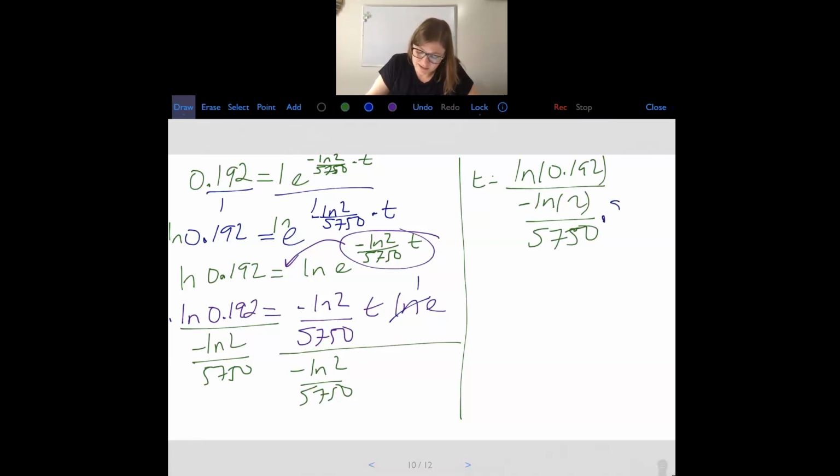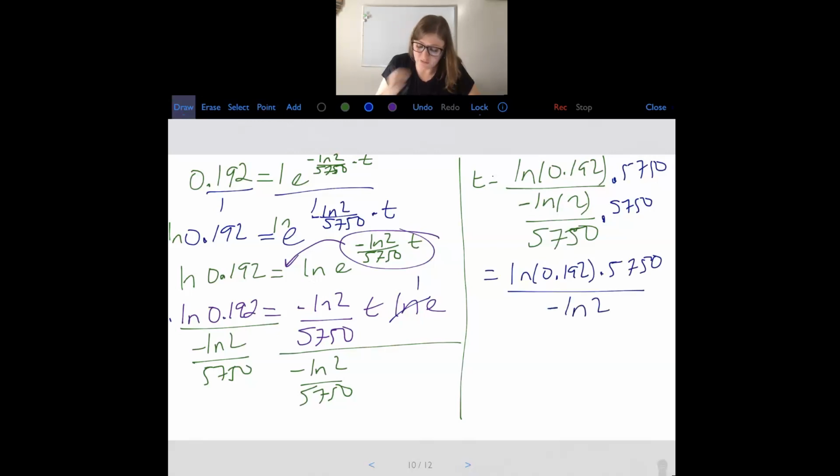We can take 5,750 to the top and bottom to get ln of 0.192 times 5,750 divided by negative ln 2. Okay, so this might be a little bit better to put in. So we're going to take ln of 0.192 times 5,750, hit enter, and divide it by negative ln of 2. Okay. And we get 13,689.7252.